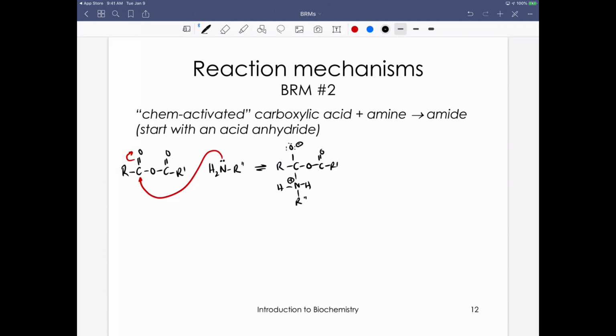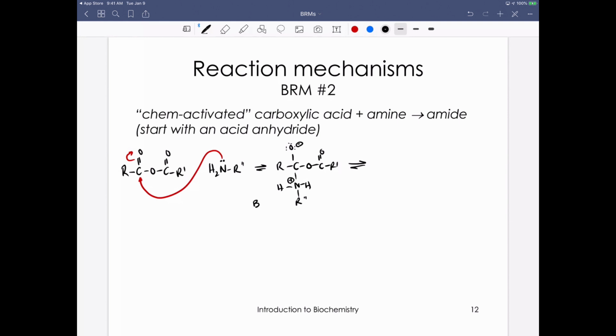Again, we're going to have a positive charge on this protonated amine, negative charge on what was the carbonyl oxygen. And what we may have shown in the past was just PT in order to indicate a proton transfer. In this case, we're actually going to show solvent doing the proton transfer, essentially deprotonating the protonated amine, which we don't want to be a good leaving group.